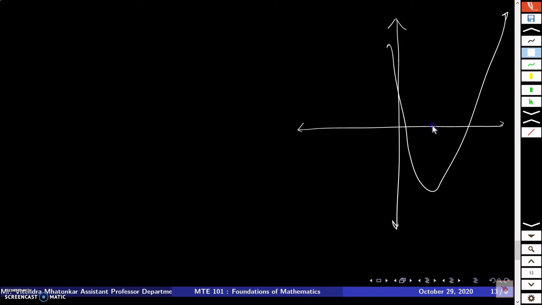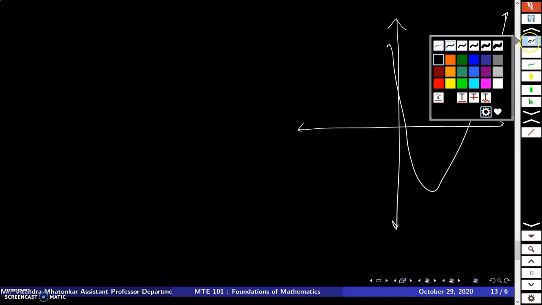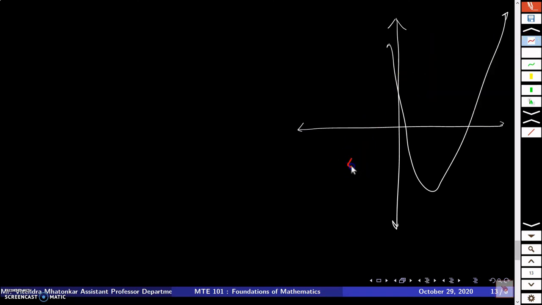Now this is a function. Now if you pick up this horizontal line here, let me mark that in red. If you pick up this horizontal line, it cuts the graph of the function at 2 points, right? Two distinct points.